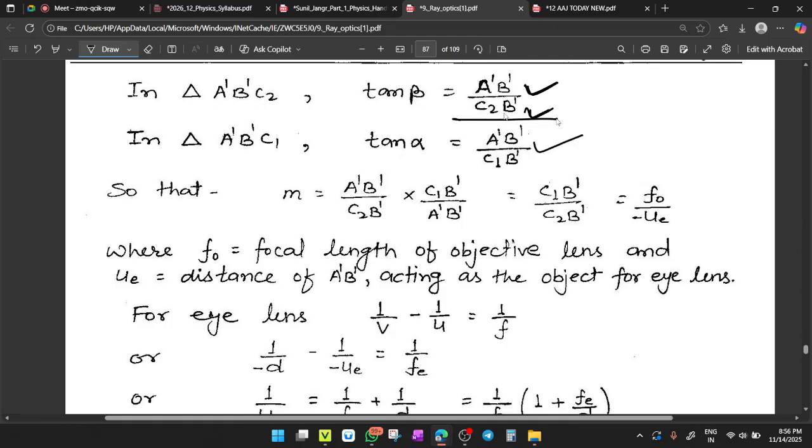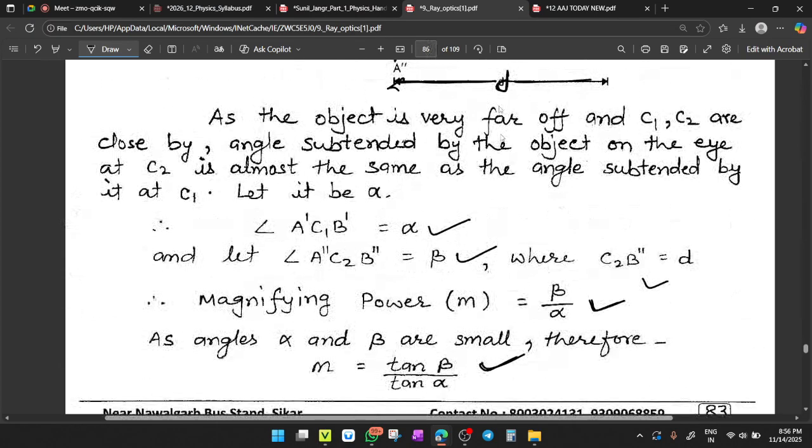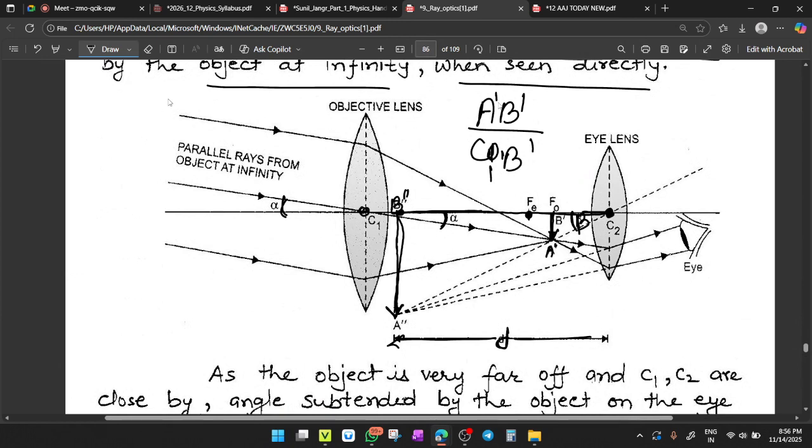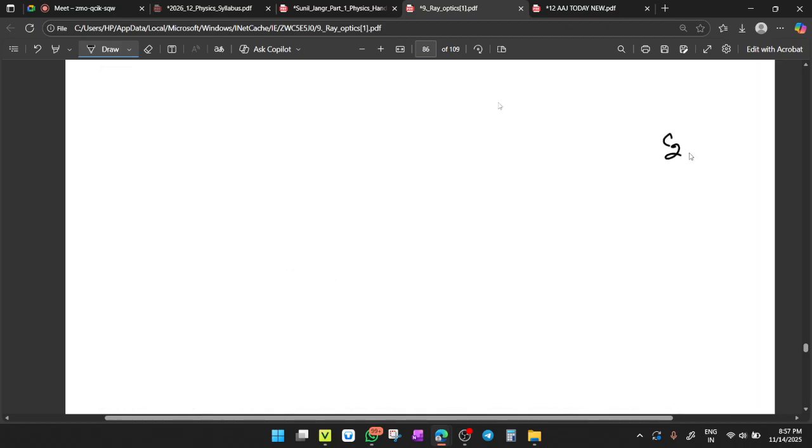Now just divide them. Okay, so tan beta equals... Now check here. Instead of getting the value of tan beta from the big triangle, I can use this one, the concept of similarity. tan beta equals perpendicular A dash B dash upon base equals C2 B dash.